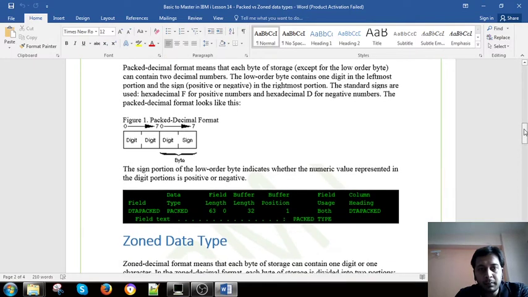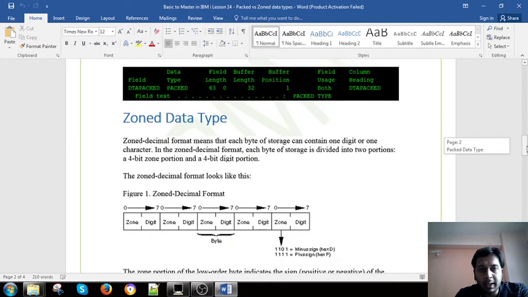The sign of the low order byte indicates whether the numeric value in the digit portion is positive or negative. This is something to know about packed decimal, and here the rightmost sign will be a negative sign.